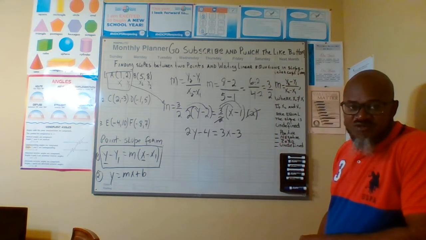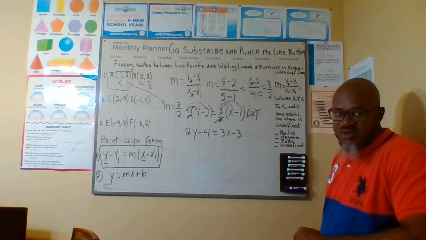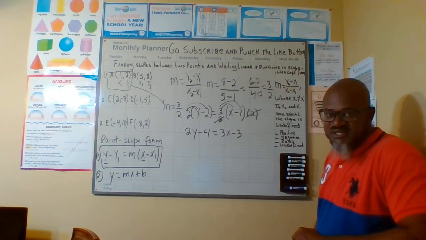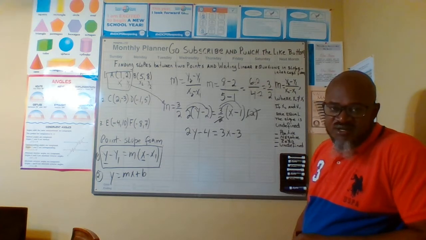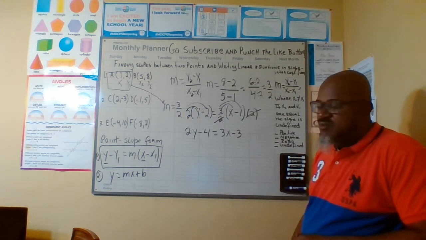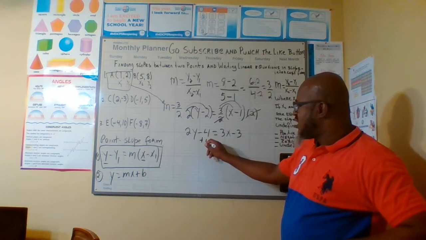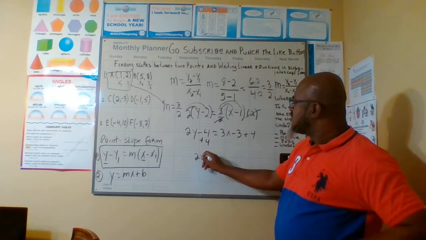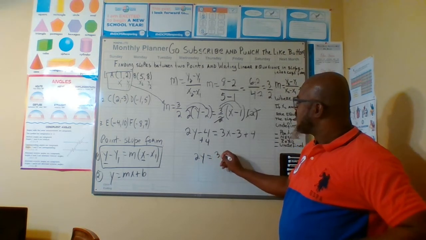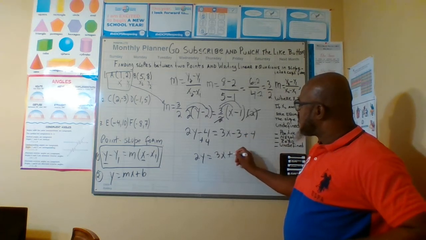Right? Your goal is to solve for y. If you are asked to answer the equation in slope-intercept form, which is the one they will ask you the most, or otherwise they will ask for standard form. For the sake of our argument, we're going to start with slope-intercept form, and later we move to standard form. Since you're solving for y, you add 4 on each side. Then you end up with 2y equals 3x, minus 3 plus 4 is plus 1.